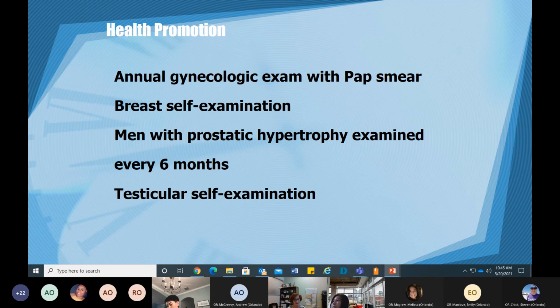So we're going to ask them, are they sexually active? Some questions you might ask men would be, have you had any change in sexual function, especially your erections? And we can tell them that older men really have a slower arousal mechanism, and the erection can be slow to occur.